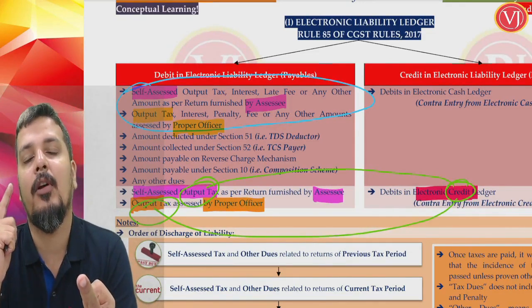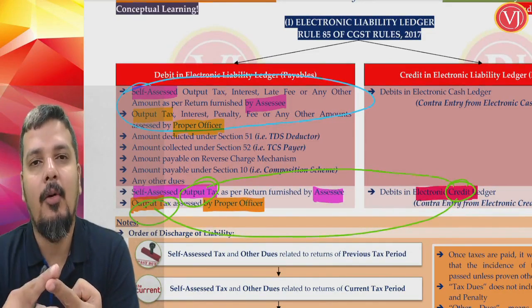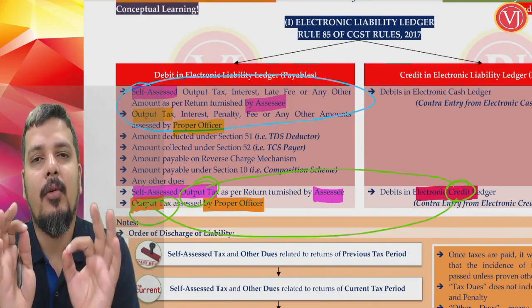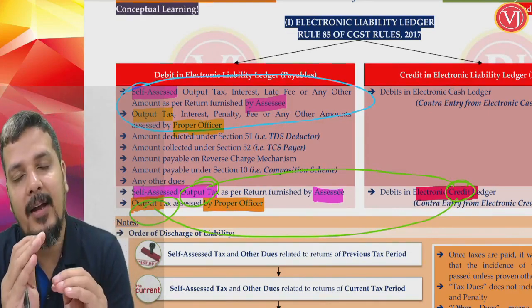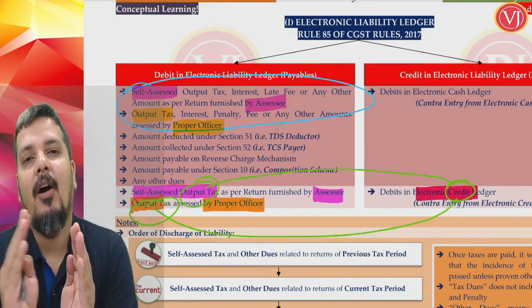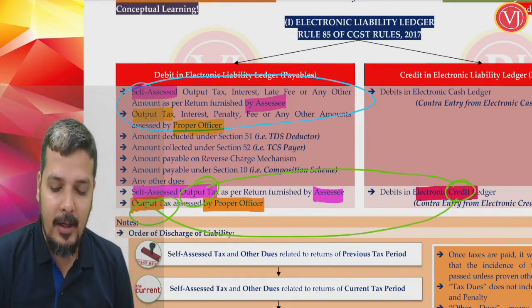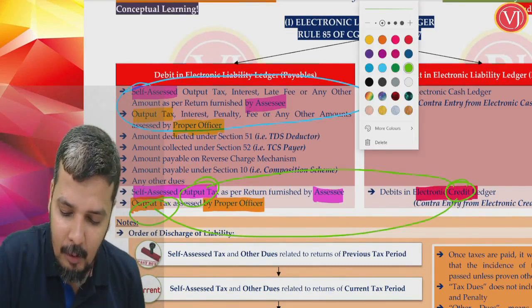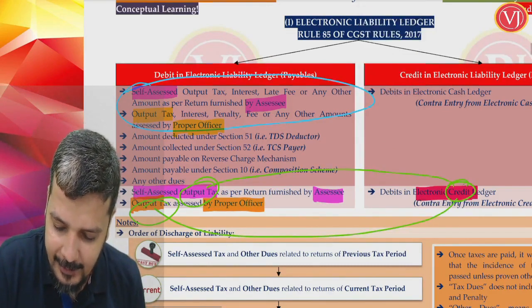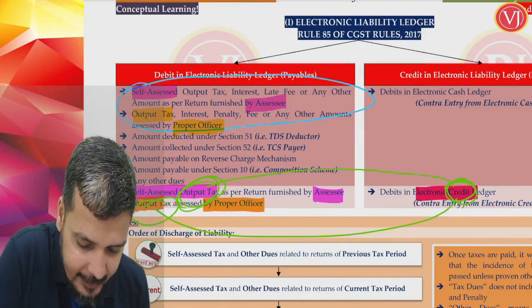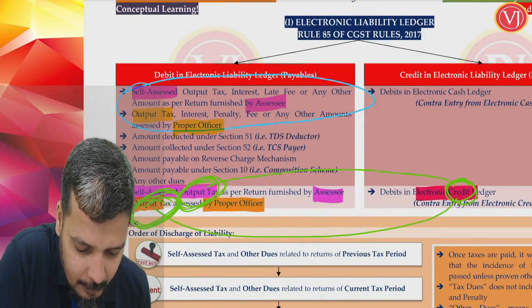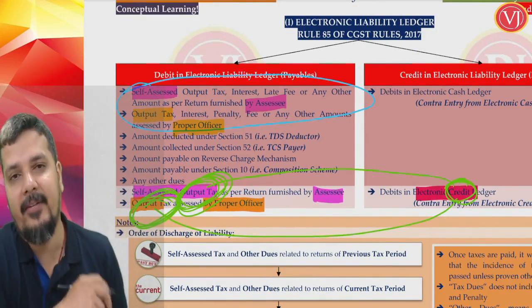It cannot be used for payment of any other amount. Whether the assessee himself has created the liability or the officer has created the liability, you can use your credit ledger, but only for paying your output tax.